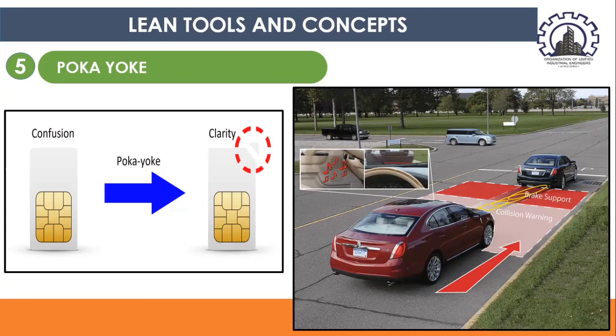So you have there collision warning and brake support. So in order for car manufacturers to avoid any collision between two cars, there is what we call a detector to avoid collision, okay? So to detect collision warning and brake support as well.